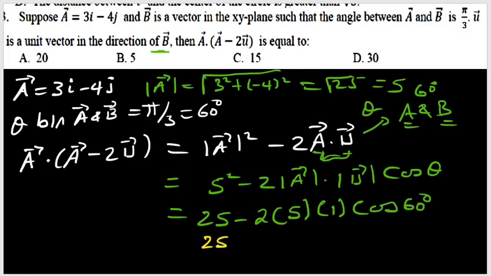So 25 minus 2 times 5 is 10, times half, because cosine 60 is 1 over 2. We simplify by 2 to get 5, and 25 minus 5 will be 20. When you simplify, it is 5. So the answer will be A. Next one.